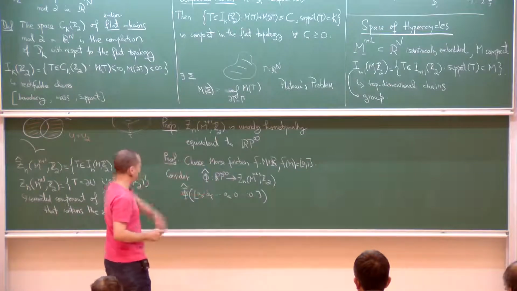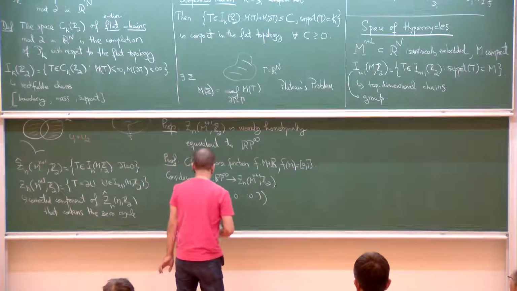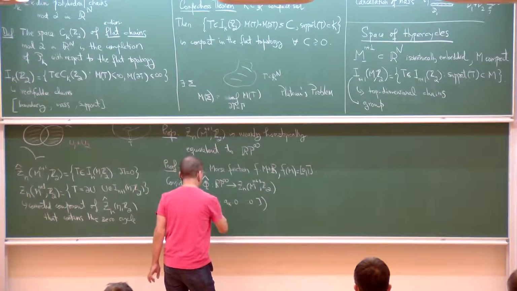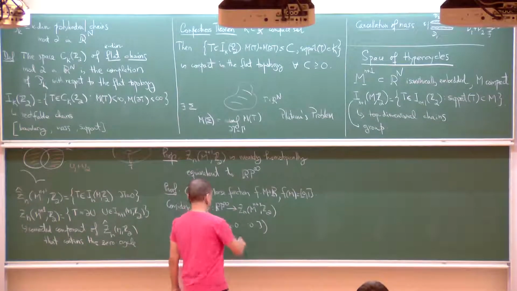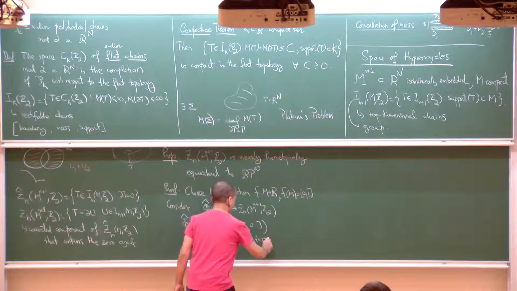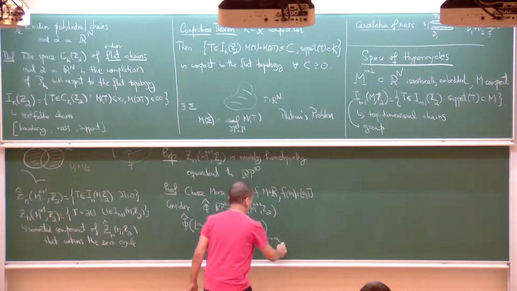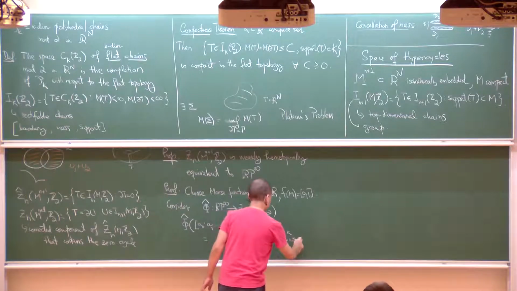So my definition is the following: I consider the set of points in the manifold such that the expression a0 plus a1 f(x) plus so on, plus ak f(x) to the power k, is less than or equal to 0.